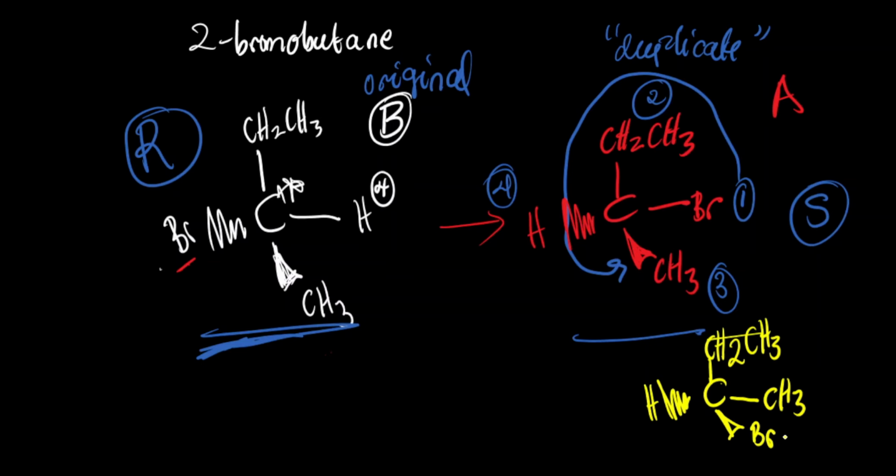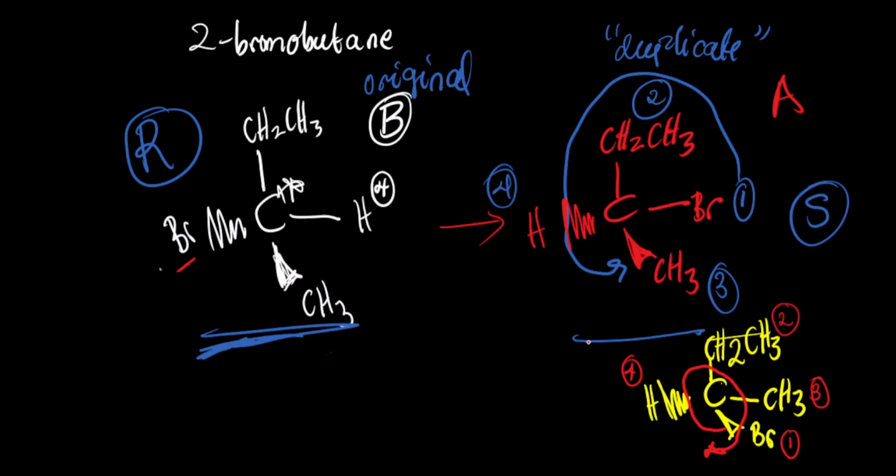Now bromine is priority number 1, ethyl is priority number 2, methyl is priority number 3, and hydrogen, of course, is priority number 4. Now let's move from 1 to 2 to 3. So we're going to go in this direction. Notice that we went in a clockwise direction.